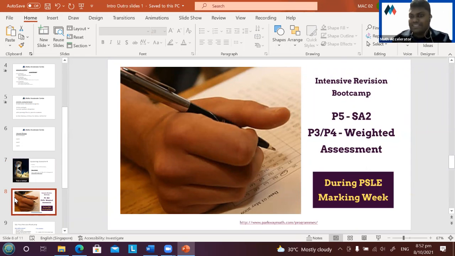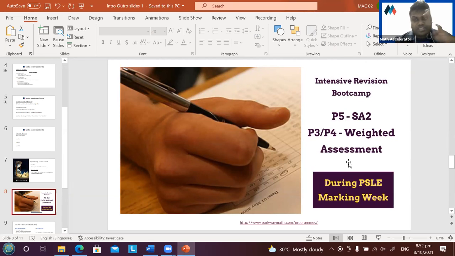Primary 5 will be a SA2, whereas primary 3 will be called weighted assessment 4. Okay, why for primary 3 and 4 is called the weighted assessment 4, right? It's because for primary 3 and 4, there's no final year exam for you all, okay? So you guys will be exempted from SA2. But however, you all will be given the school-based weighted assessment, which will provide an indication of the overall performance.